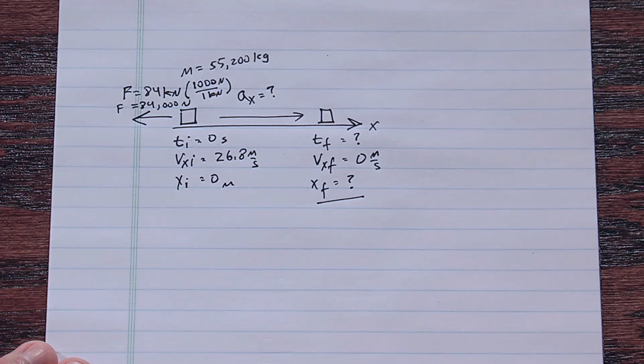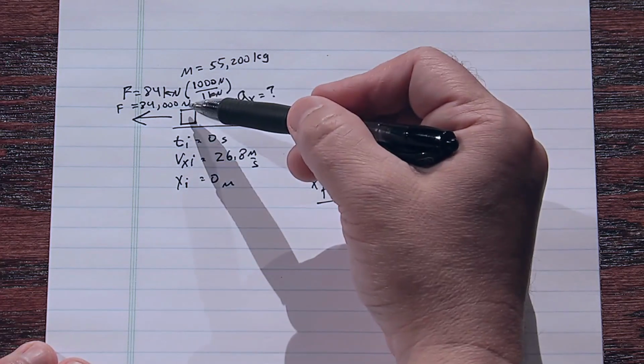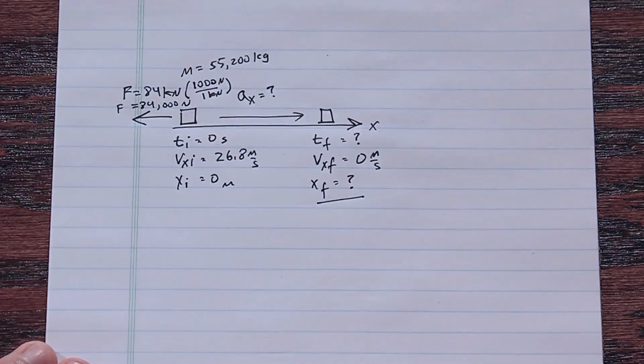Now there are also forces in the vertical direction. In the y direction, there's going to be weight downward and the normal force of the track upward. But since we're only dealing with motion in the x direction, we don't really need those right now.